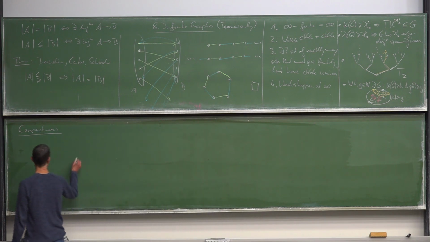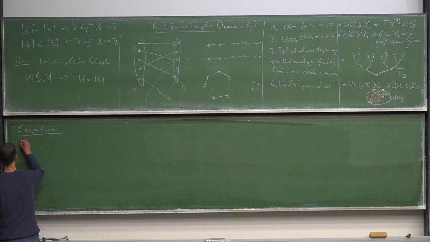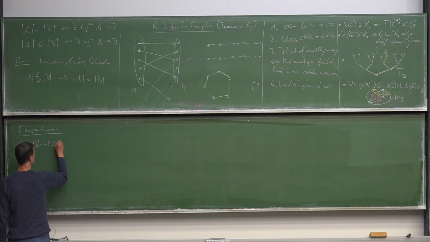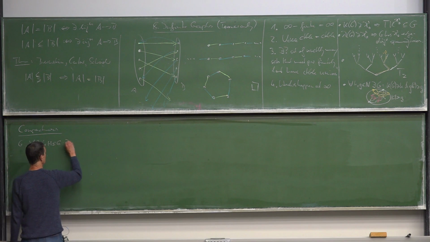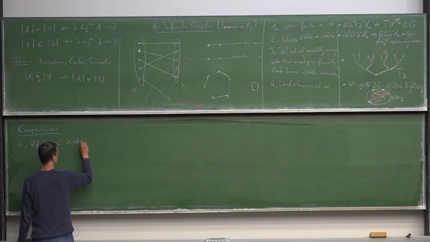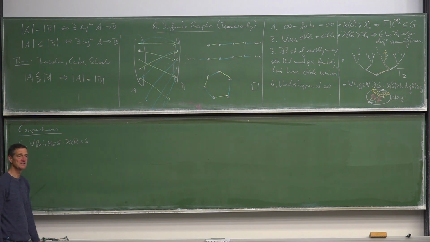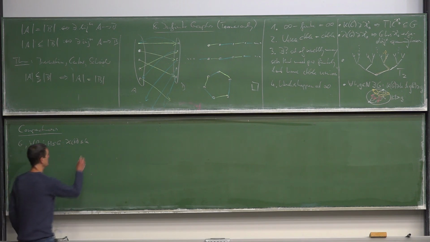Let's look at a graph G, and let's assume that for every finite subgraph of G, the chromatic number of that subgraph is at most k. K is some finite number.